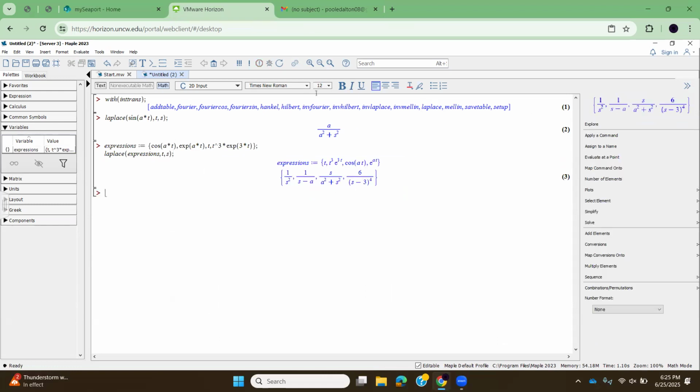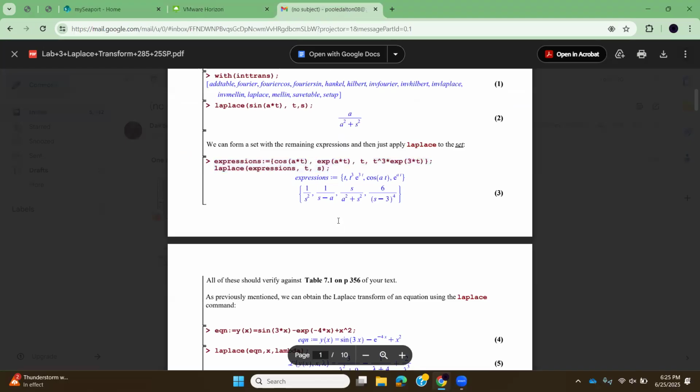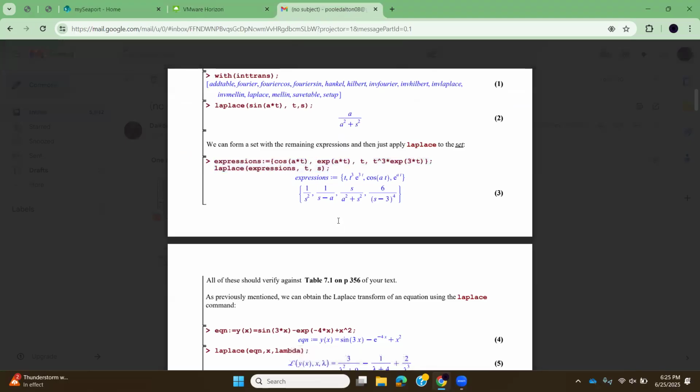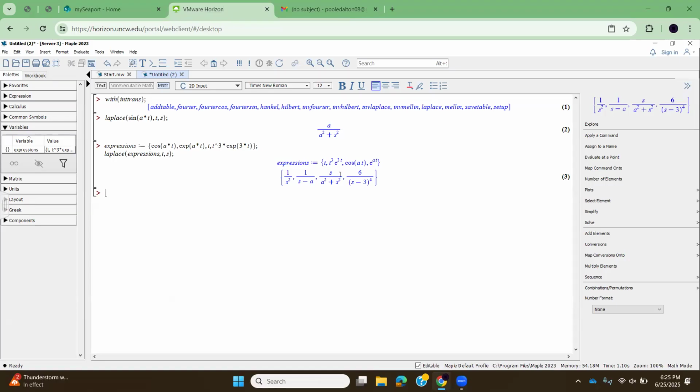They're a little bit out of order, but it's not a big deal. They're out of order here and they end up out of order here, but I think the software organizes them itself. You just make sure that you're aware that, you know, the Laplace transform of t cubed e to the 3t is not 1 over s minus a.